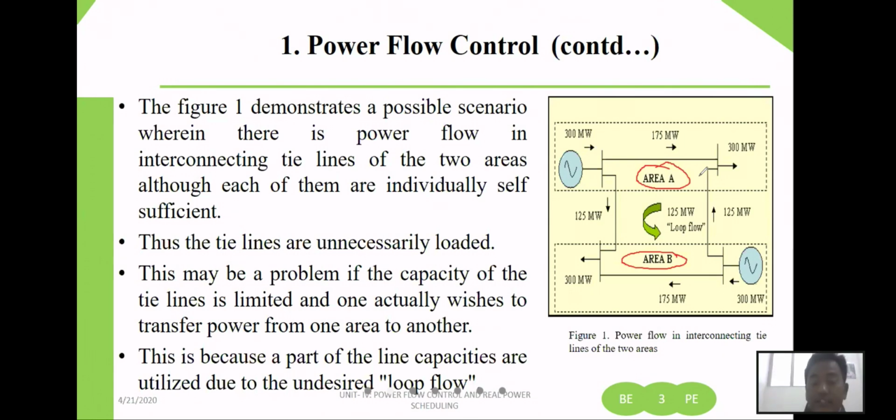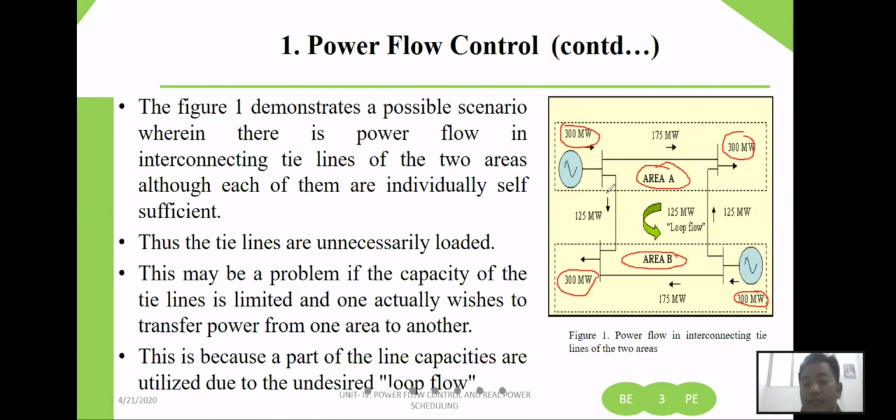But here just see that area 1 is generating 300 megawatt, load is also 300 megawatt, and area 2 is generating 300 megawatt. This is the ideal case I am giving, and load is also 300 megawatt. Here if you see, generation and load are matching, similarly for area 2 also generation and load are matching, so here no need of power transfer as such, right?